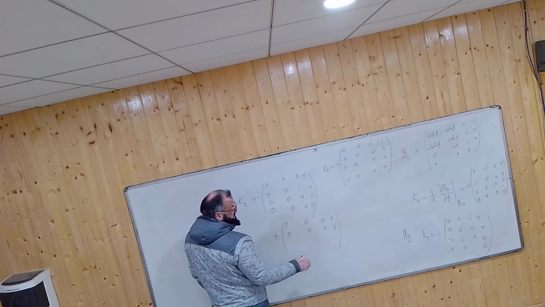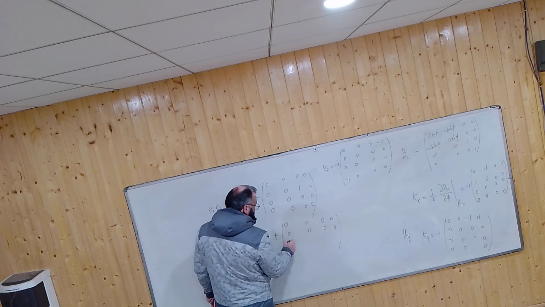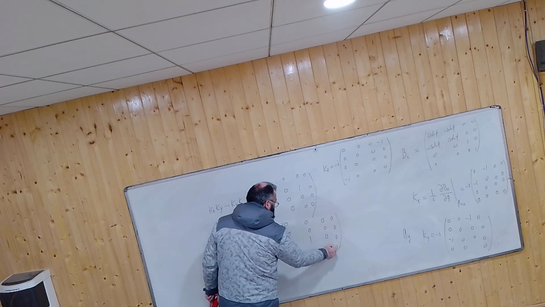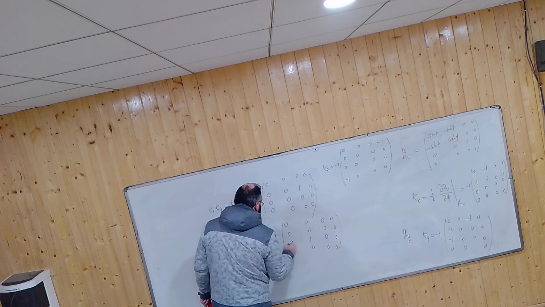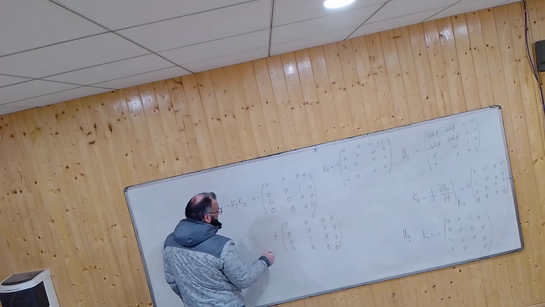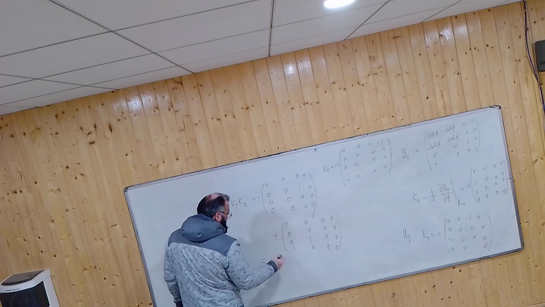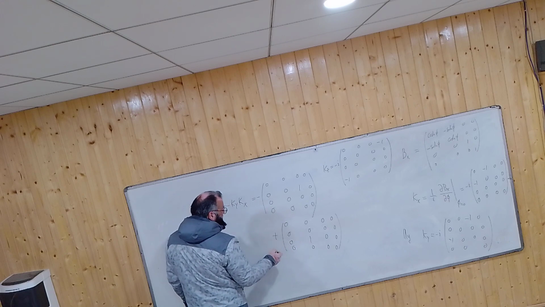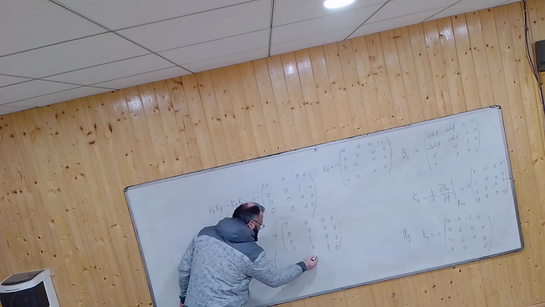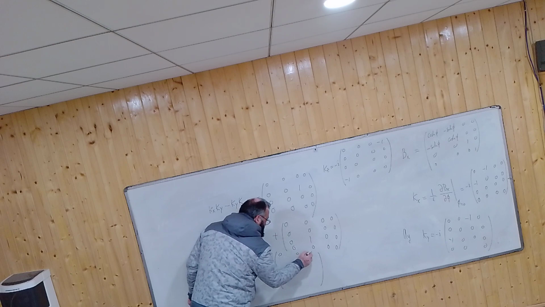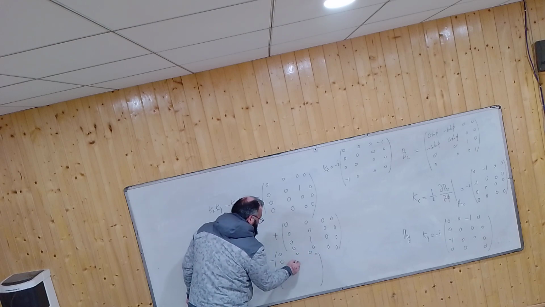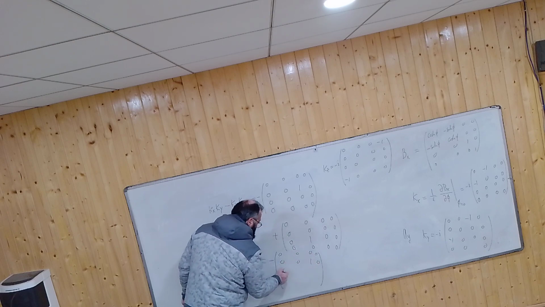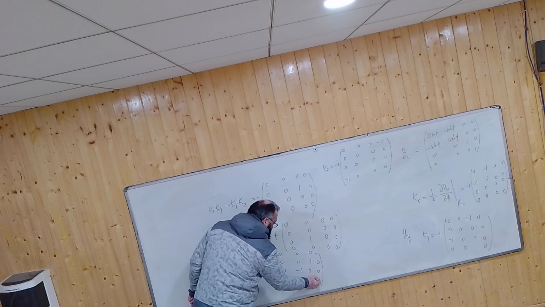Then 0, 1, 0, 0, 0, 0, 0, 0. Now let's add the two. It is minus times, so let's take the minus out. So it will be 0, 0, 0, 0, 0, 0, 1, 0, 0, minus 1, 0, 0, 0, 0.